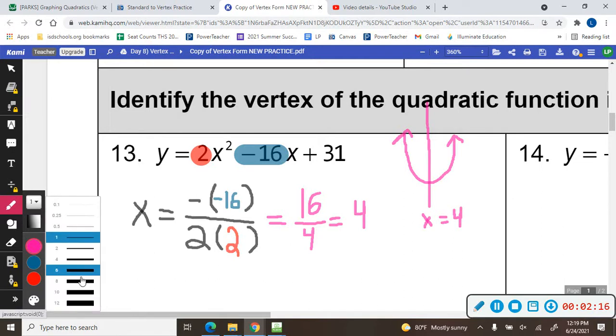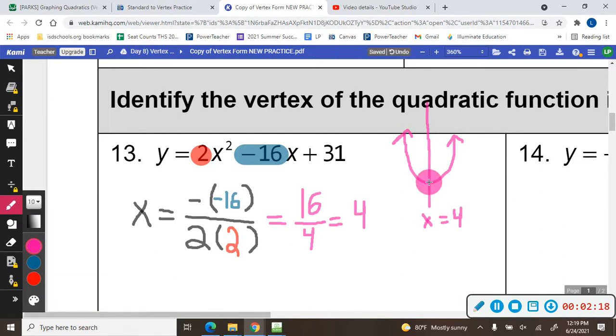And even more, we know that this point right here, called the vertex, is 4 something. Now, we know the value of the vertex is going to be somewhere where x is 4.